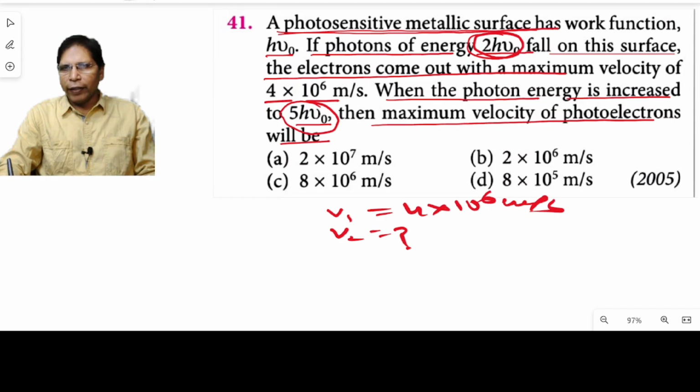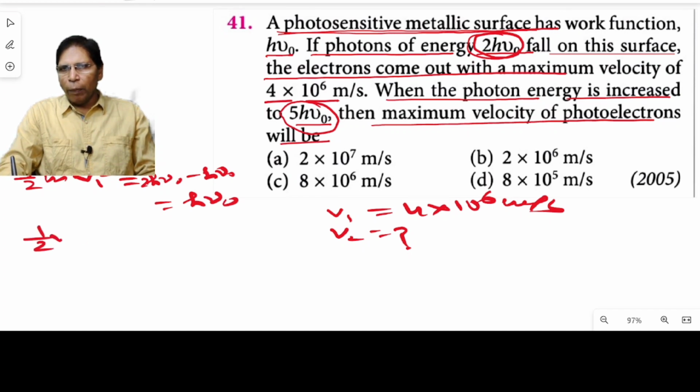Now look at this. First of all, half m V1 square equals 2h nu naught minus h nu naught, so this is h nu naught. Now half mv2 square, look at this, equals 5h nu naught minus h nu naught, so this is 4h nu naught.